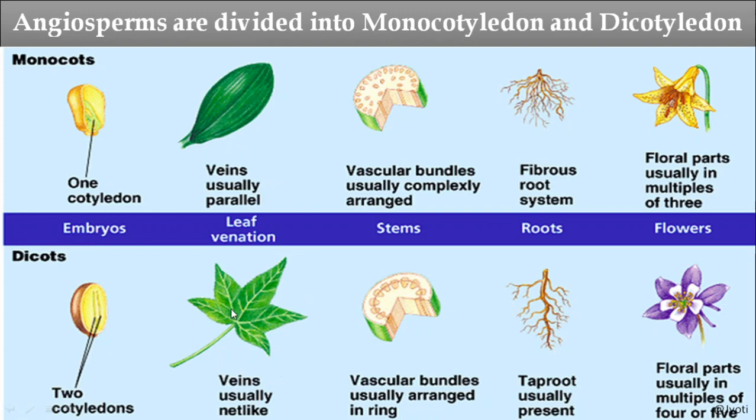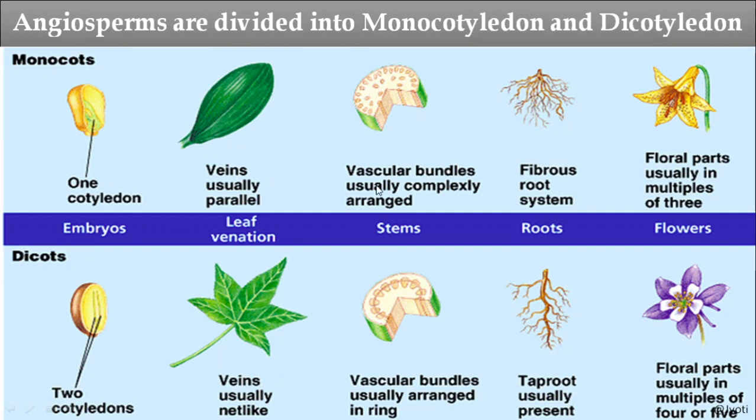So in monocots the leaves are vertical, but in dicots they are tangential. Then if you see the veins, they are arranged parallelly in monocots. But in dicots, the veins are reticulate, that means they form a network-like structure.